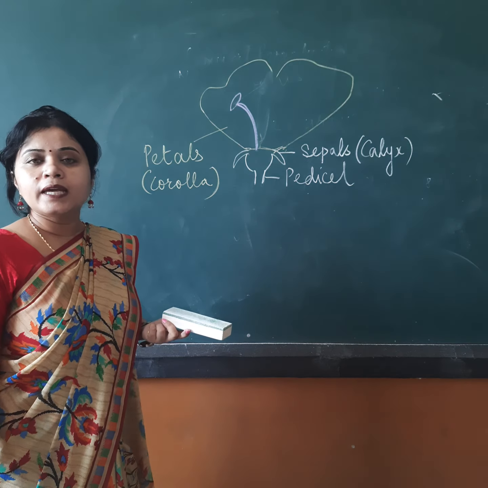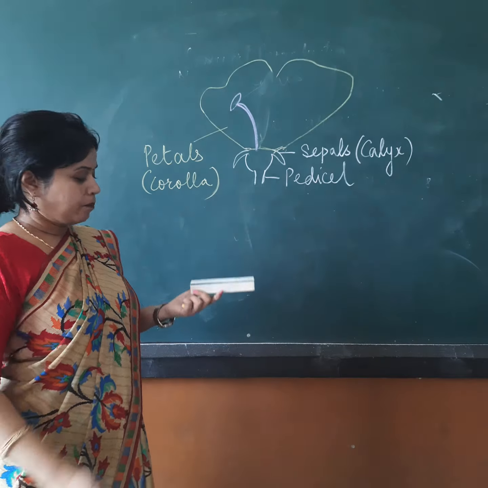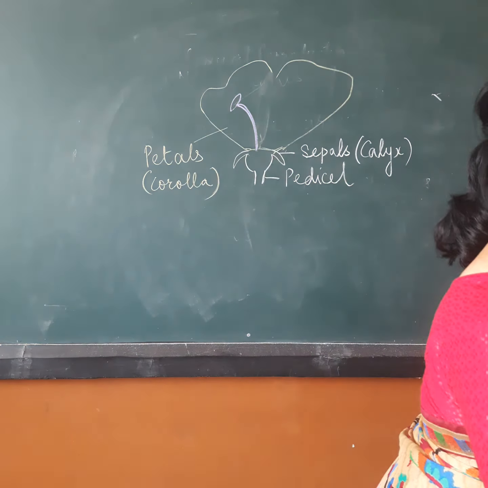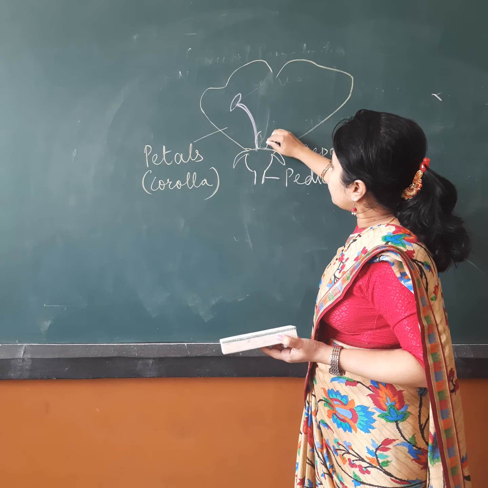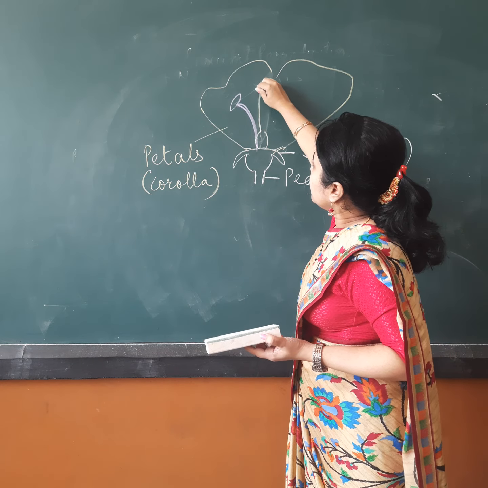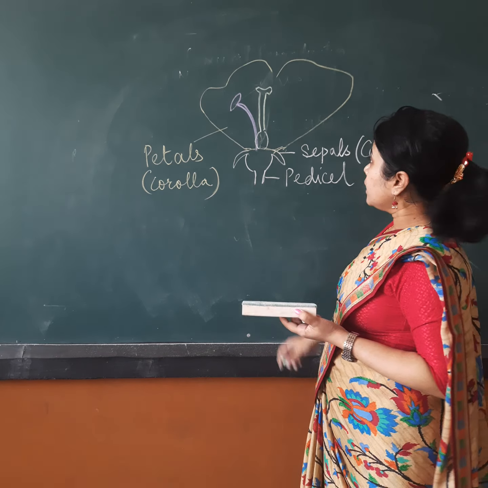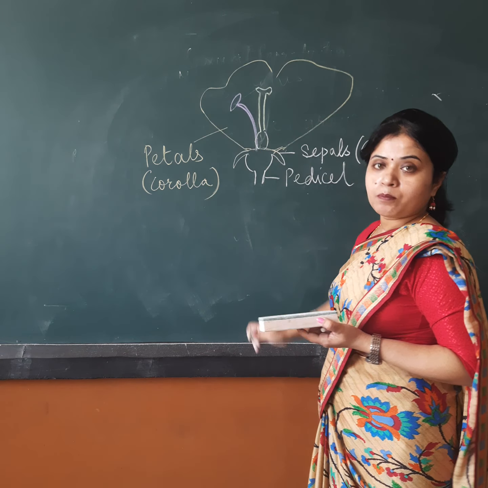This is the male reproductive organ of the flower. Now coming to female reproductive organ, the female reproductive organ will be located in the center. This whole thing is the female reproductive organ, this is the male reproductive organ.